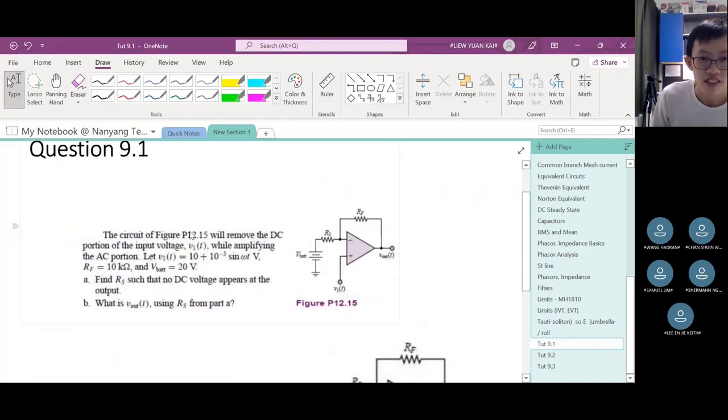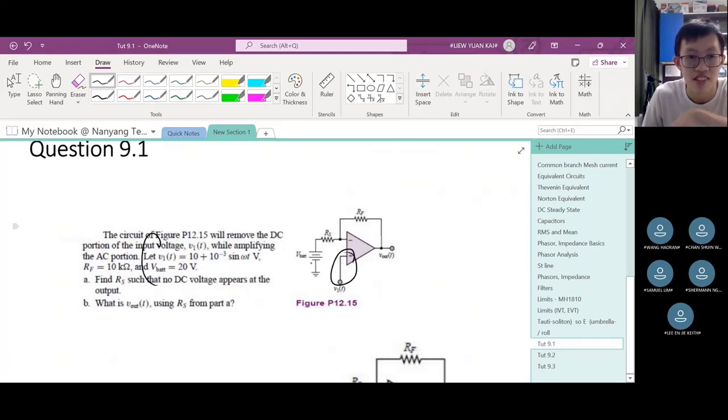So question 9.1, the circuit in this figure will remove the DC portion of the input voltage. There's an input voltage here in the positive terminal. I know they call it inverting or non-inverting terminal, but for common sense, I would call this the positive terminal and this the negative terminal of the op-amp. It is indicated by this triangle. This is the op-amp.